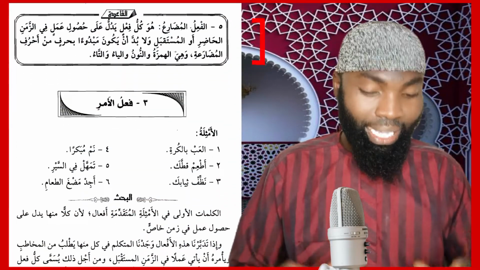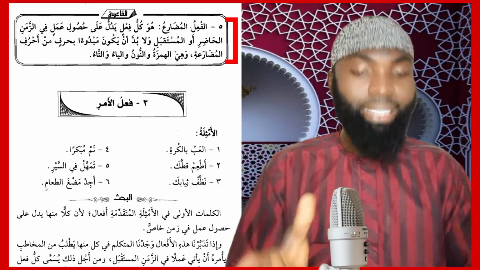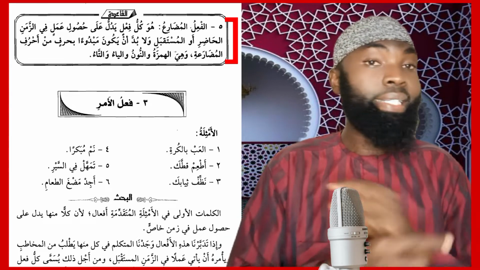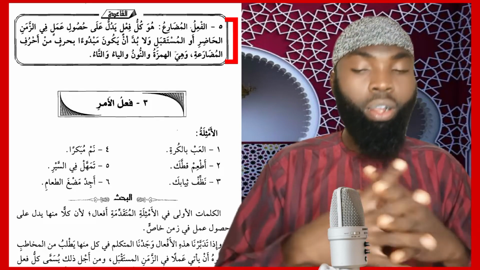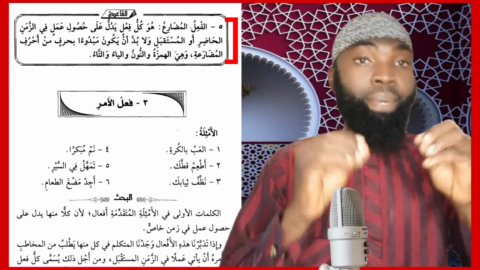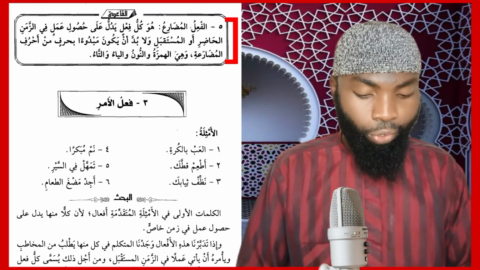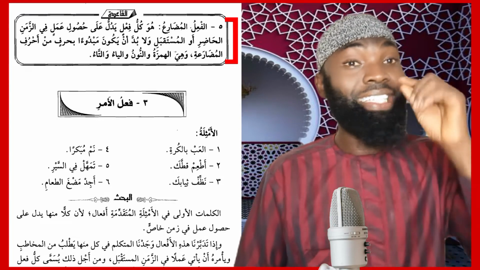Let's move on to al-qaida, the rule. The rule number 5 says al-fi'lul mudari, the present tense. Huwa kullu fi'lin, it is every verb, yadullu ala husuli amalin, which indicates the occurrence of an action fi zaman al-hadir, in the present, aw al-mustaqbal, or in the future. Wala budda, and it is a must.